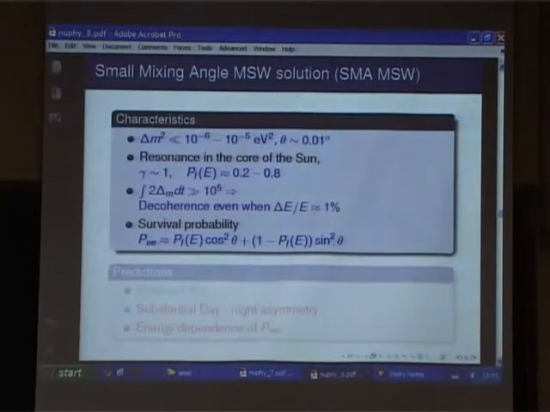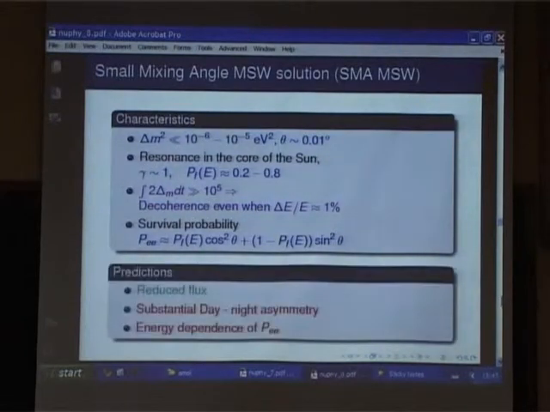So what will you predict then? You will predict that the flux is reduced, which is fine, because this is not equal to 1. The second thing we will predict is that the daylight asymmetry is very substantial. That's because remember this rule of thumb again. If the angle is large, 30 degrees, 40 degrees, 50 degrees, it doesn't change much in the Earth. If the angle is very small, it changes quite a lot. Now here, the mixing angle is 0.1 degrees.